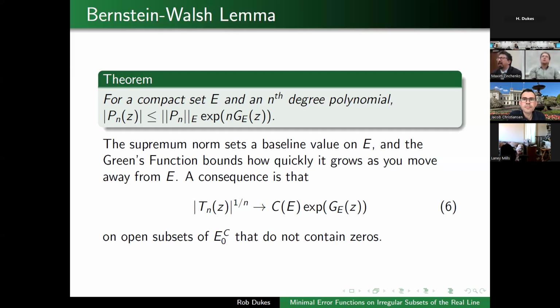If there were another band of En in between, there would have to be a zero in that band, and then we would have another zero in between there.